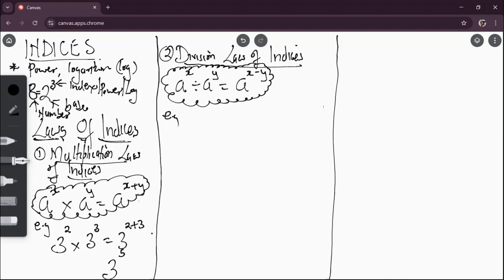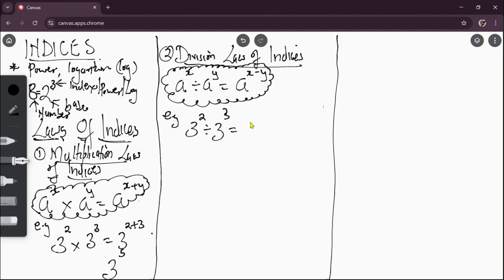If I pick the same example, I change whatever I'm having here. I say 3 power 2, and instead of multiplying, you divide because you're talking about division. I divide by 3 power 3.